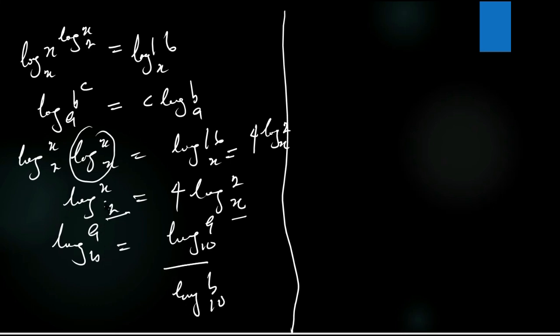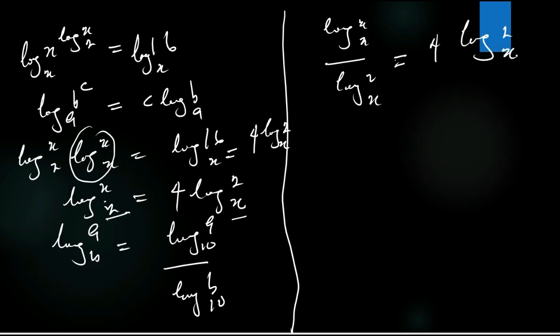So we apply the same principle here, so that log x base 2 should be the same thing as log x base x over log 2 base x equals 4 log 2 base x. Log x base x is the same thing as 1.